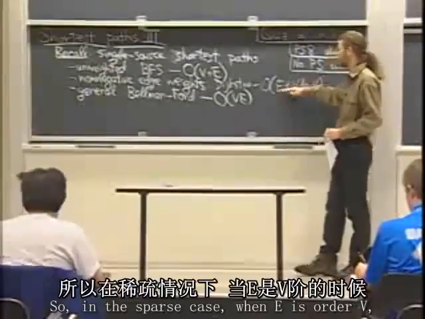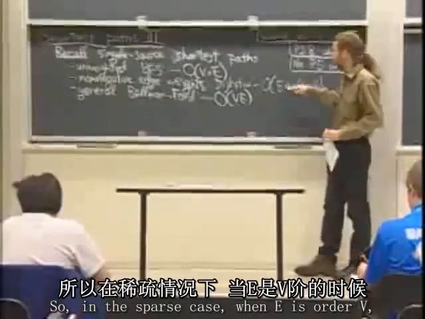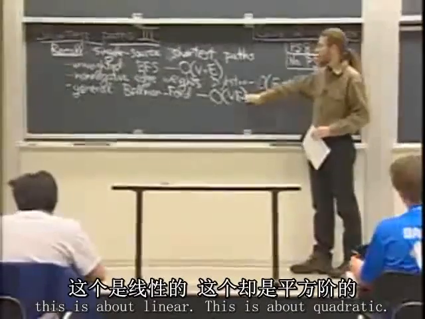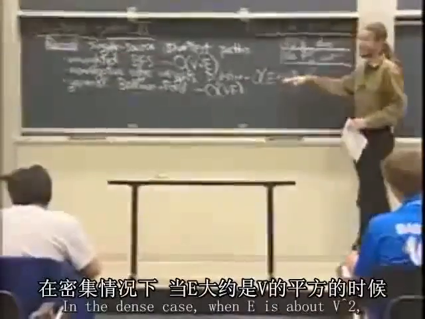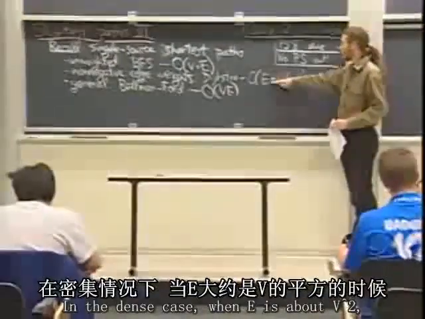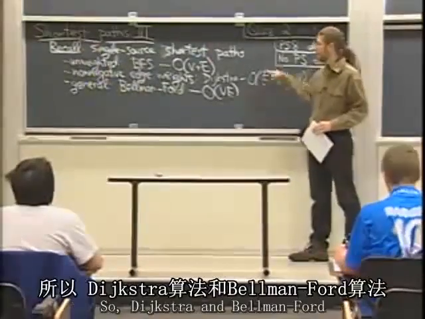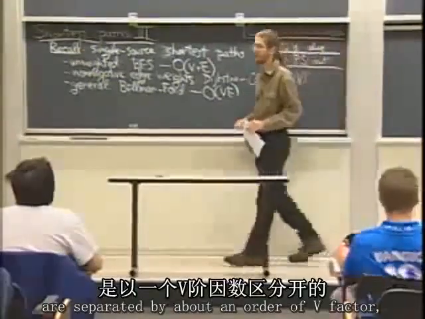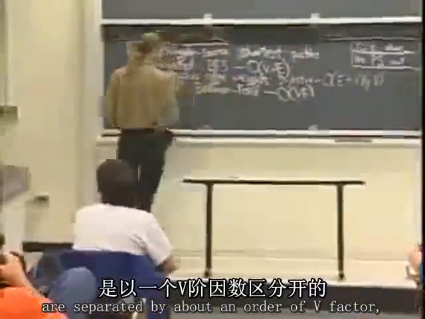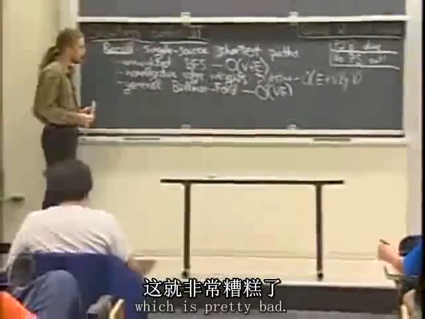In the sparse case, when E is order V, this is about linear, this is about quadratic. In the dense case, when E is about V squared, this is quadratic, and this is cubic. So Dijkstra and Bellman-Ford are separated by about a linear factor, an order V factor, which is pretty bad.